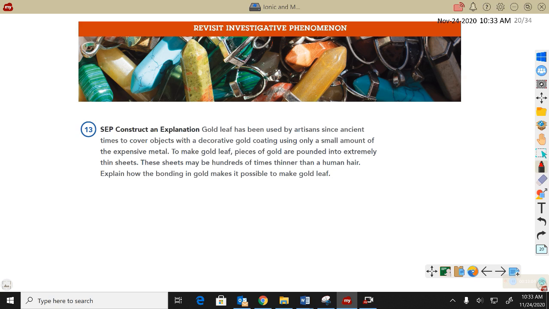Well, it just goes back to the sea of electrons, right? I'm going to say that again, the sea of electrons, in that there's not a rigid structure. It's not that the electrons are going from one gold atom to another, creating a very rigid crystalline structure where you have oppositely charged ions organized in a pattern, like in an ionic compound.